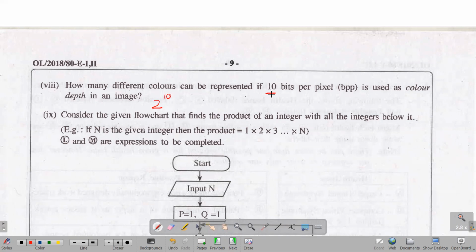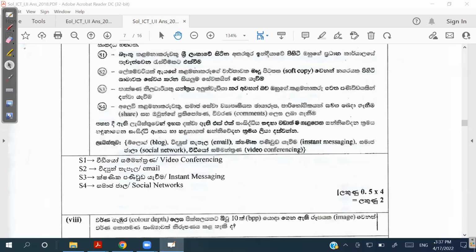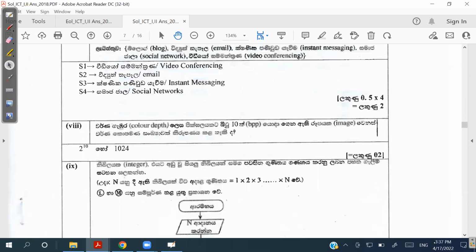Or else you can say 1024, because 2 to the power 10 equals 1024. The marking scheme shows the same thing, 2 to the power 10, 1024. So 2 marks.